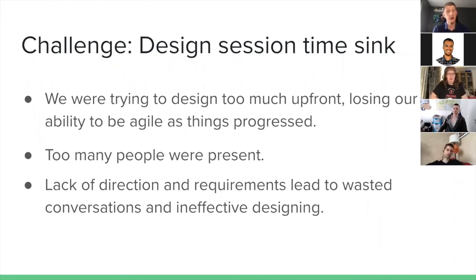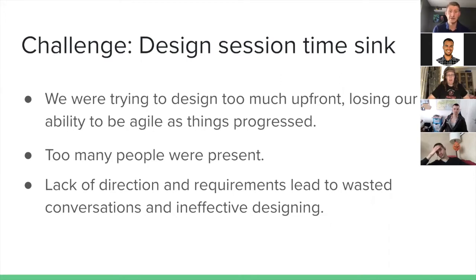So in order for us to combat this, we realized there were a few things that needed to change. First of all, a sufficient amount of research needed to happen before these design sessions. And also, if you gave someone the task of being the stream leader, which is a term that we use here at Click to lead a piece of work or a story, they could be in charge of maintaining the order of these design sessions so that they didn't get as derailed as they could be.